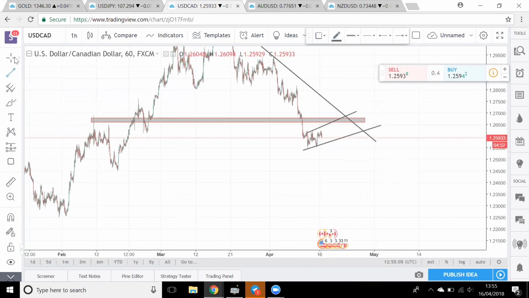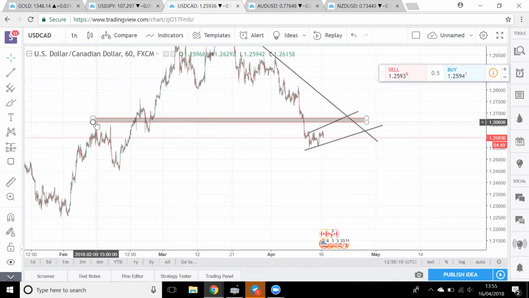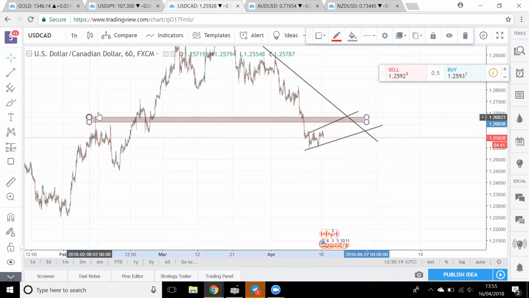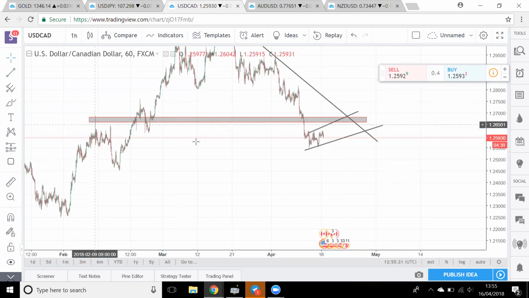We have this liquidity level where we grabbed liquidity at this price last time. We might come back to this level again. We might fill it and then drop.